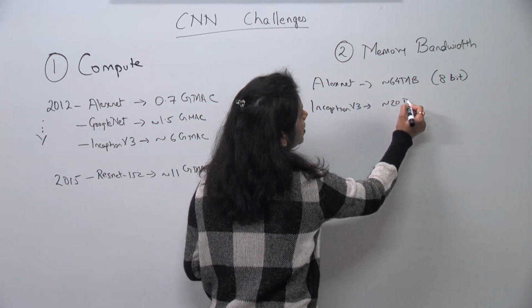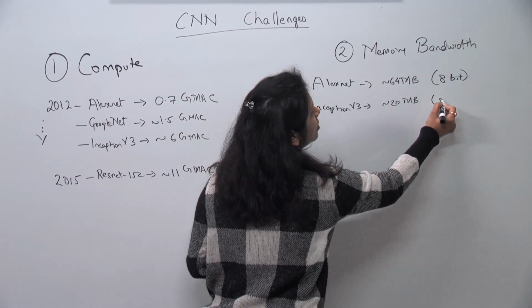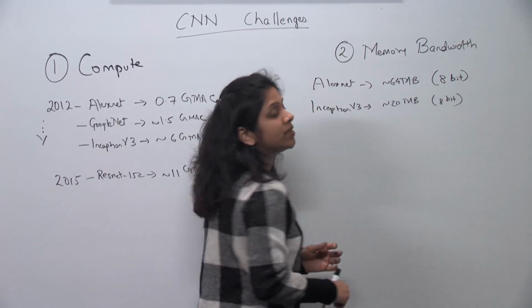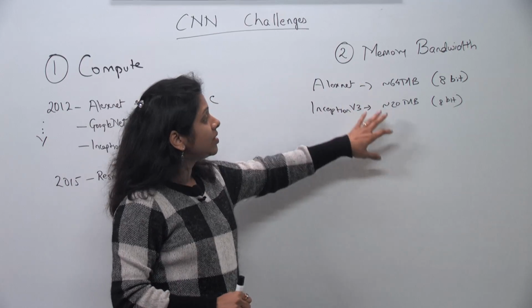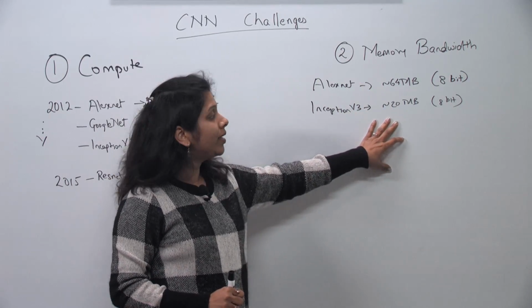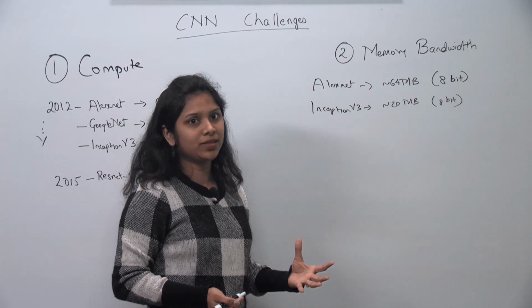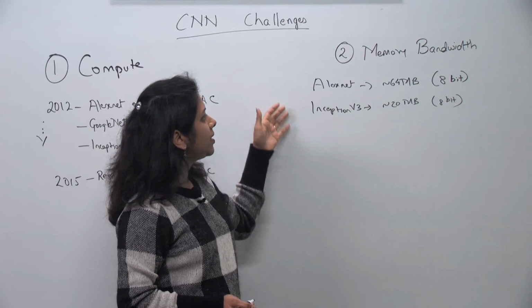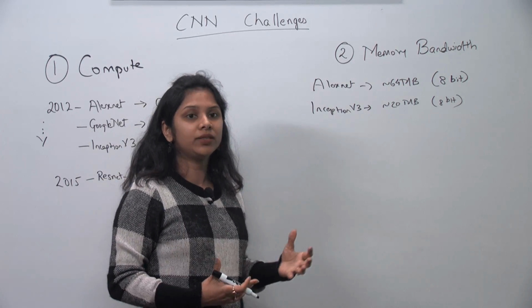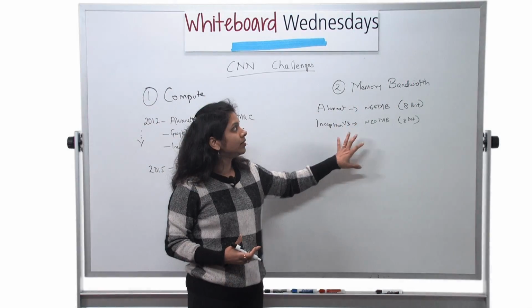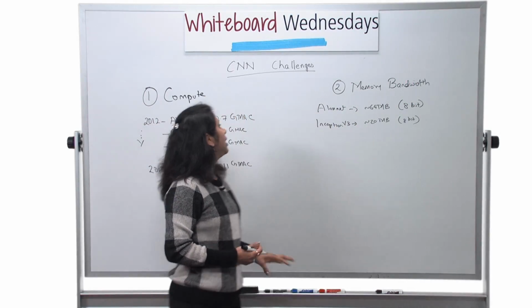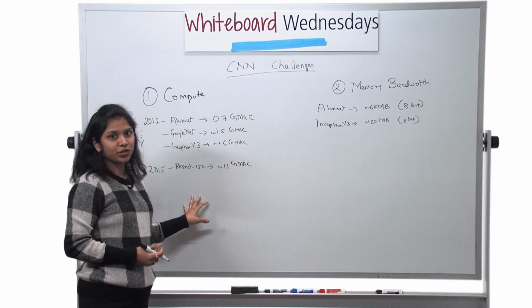Inception V3 is somewhere around 20 megabytes, again 8-bit data. So they are becoming lower, but still not small enough for us to fit into our system. So we need to keep these things in mind and come up with strategies on how to tackle the memory bandwidth issue and the compute requirement issue.